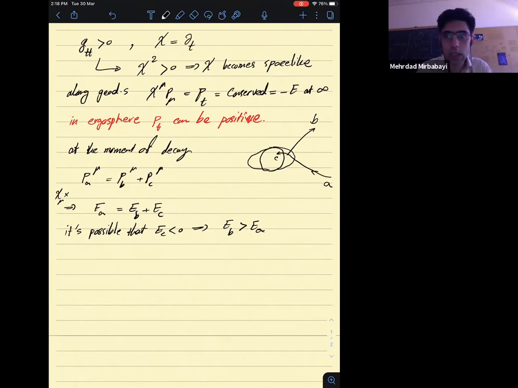So this is not only a possibility, but it can actually be realized if we design a good experiment to extract energy from this black hole. What happens then is that this black hole loses, as we will see later in the lecture, energy, but also angular momentum. So it spins down under this process.